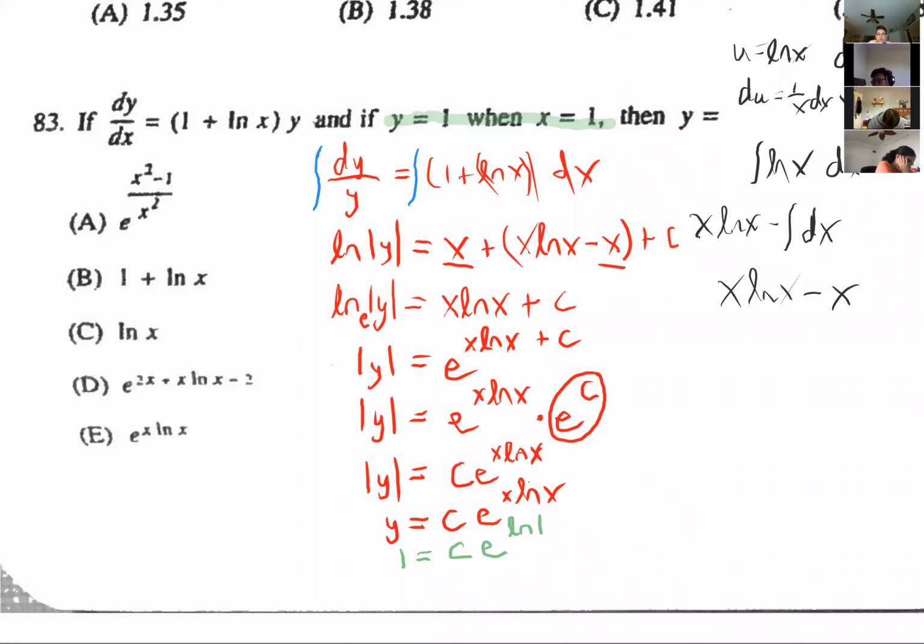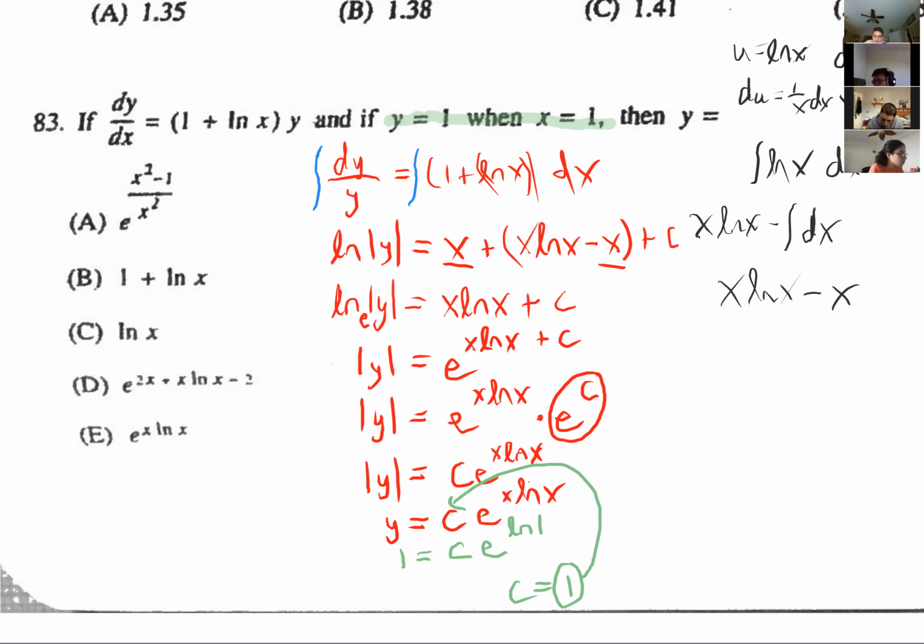Ln of 1, hopefully everyone knows that's 0. So e to the 0 is just 1. So c times 1 is c, so c equals 1. So I'm going to take 1 and plug it back in here. That's going to give me my answer, I believe.